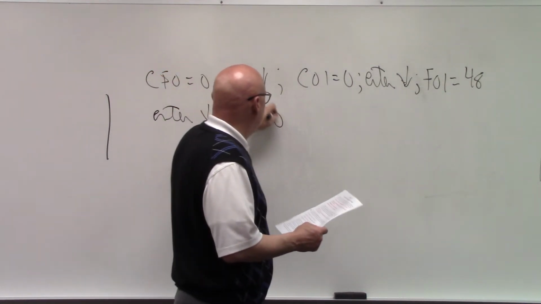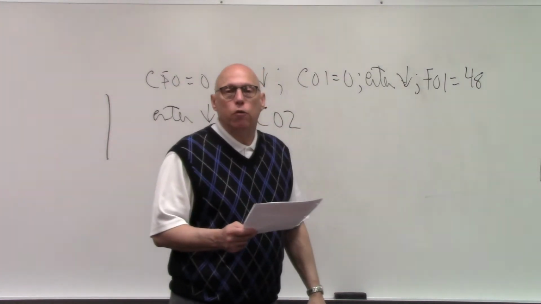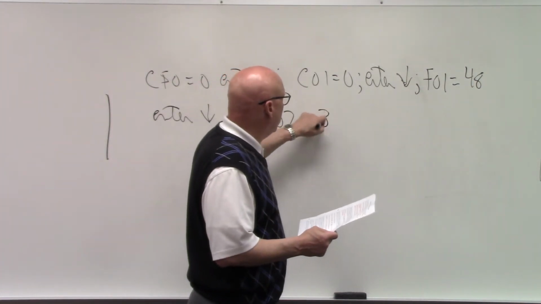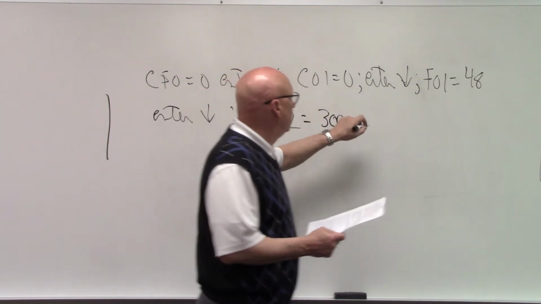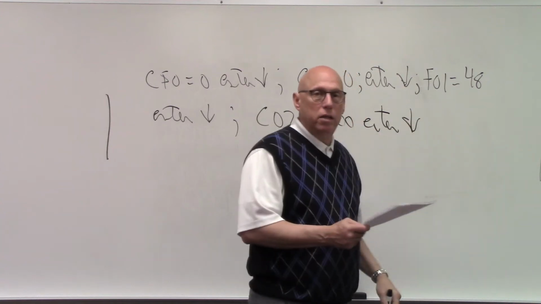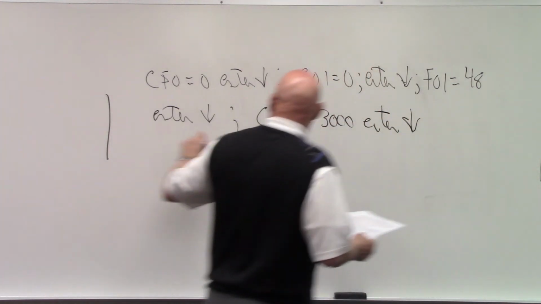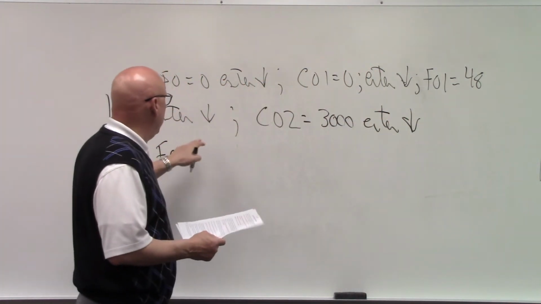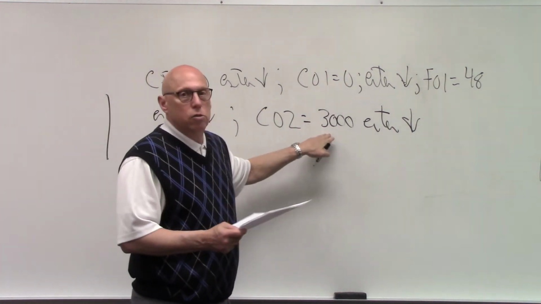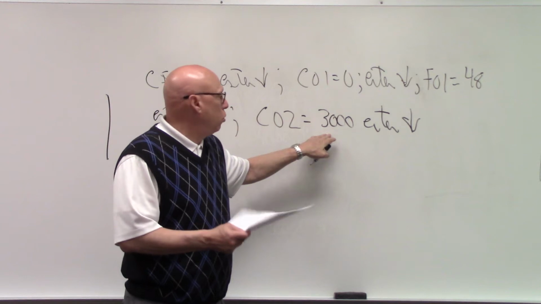Now we have CO2, which is C49, and that is $3,000. Enter, down arrow. And you get FO2. How many times will you get $3,000? So you're going to get $3,000, 8 years times 12 months.